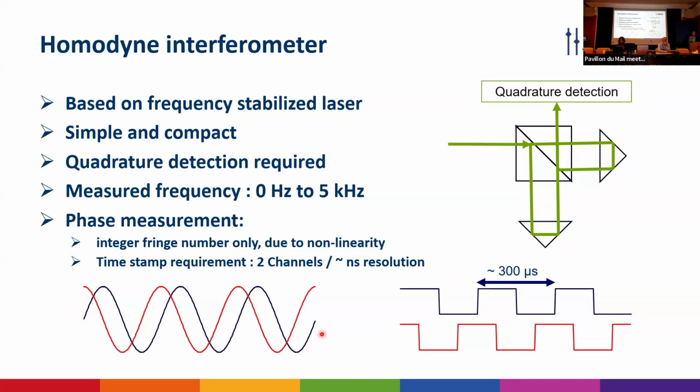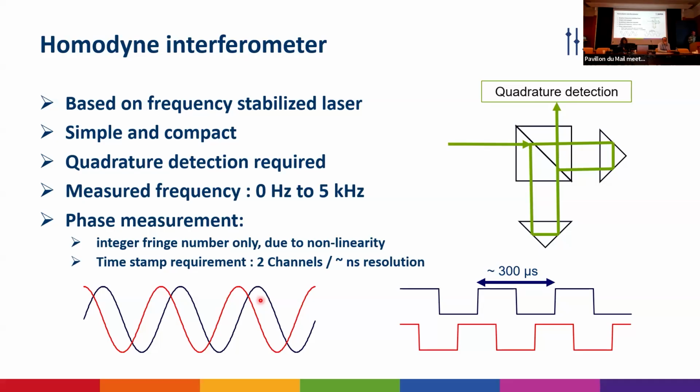The frequency of the sine is directly proportional to the velocity of the coil. And the integrated phase is proportional to the position of the coil, and the sign of the quadrature will give you information about the direction of the motion. So all of this, I would say, gives you all the information on the motion.